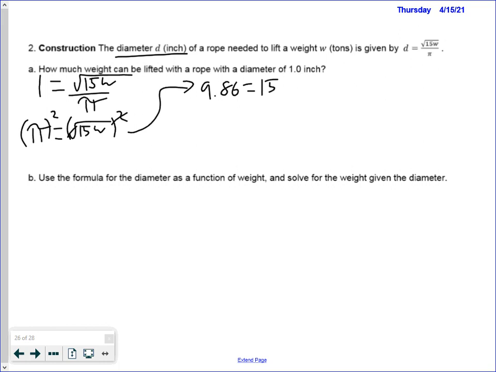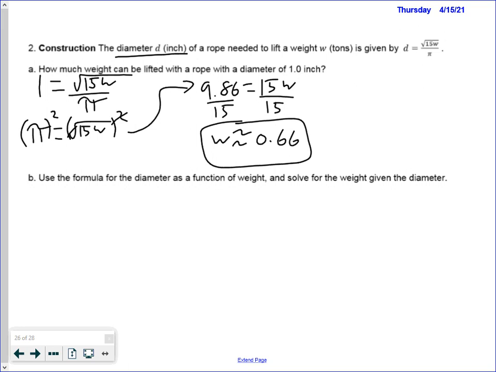So we have 9.86 equals 15W. Divide by 15 on both sides. And we get that W equals 0.66, or really, W is approximately 0.66. We're just going to round to the 100th place. And that's going to be our answer. W will be approximately 0.66.